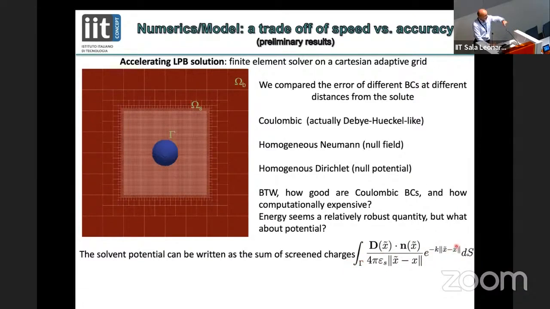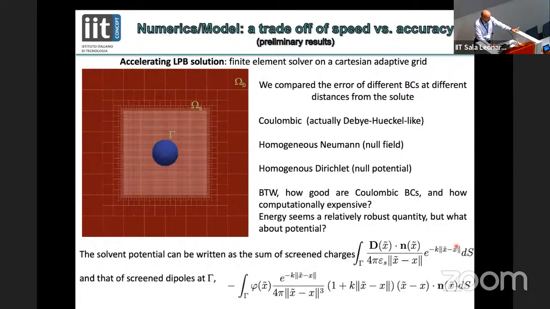So you have a number of charges, which are not necessarily polarization charges, but they are located on the surface, plus a number of screened dipoles. Again, you have the exponential decay. Let's say that the dipoles decay first, so we can neglect this term and concentrate on this.